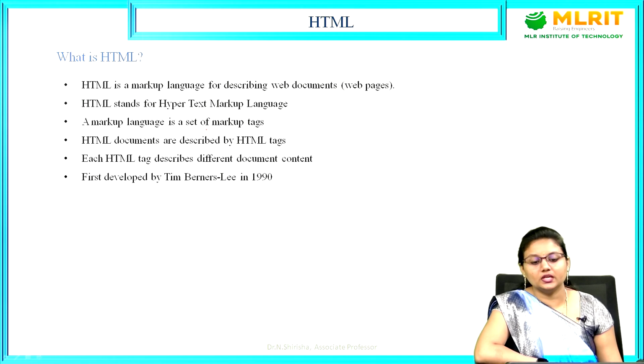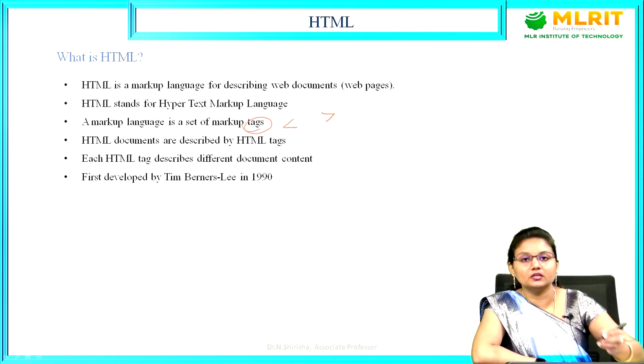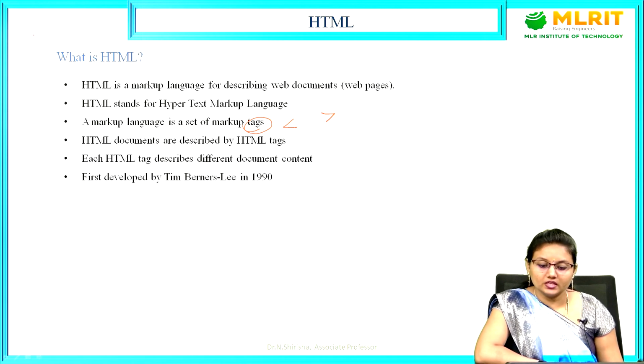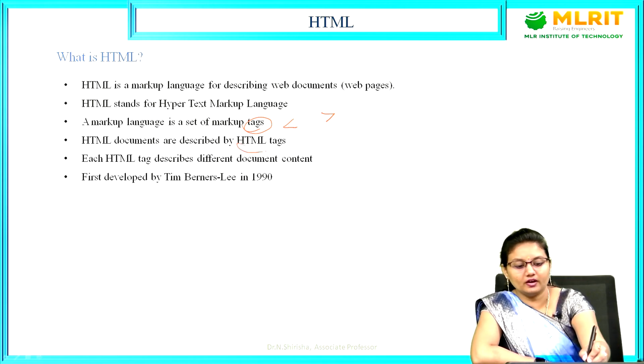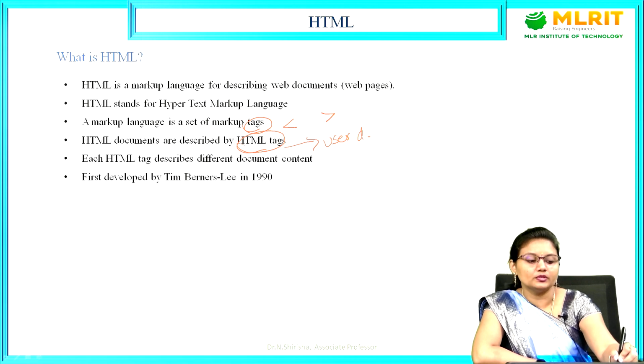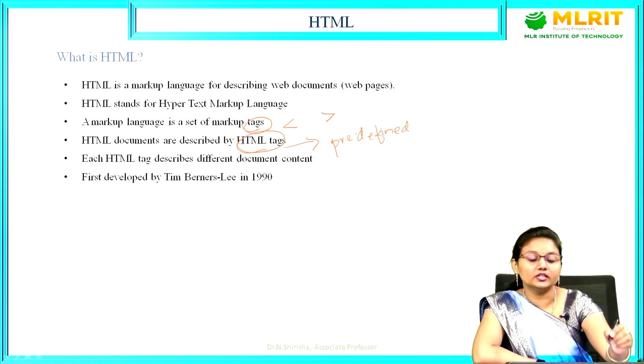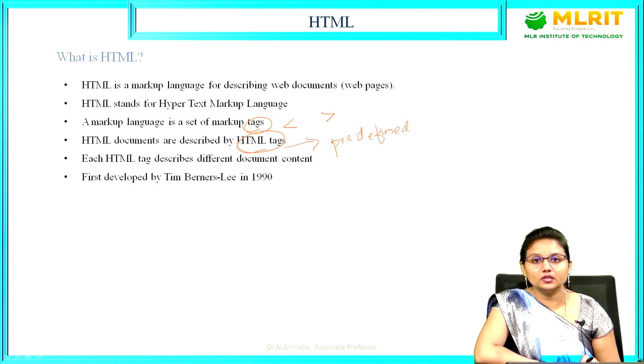A tag is nothing but what you write in between the less than and greater than symbols. Every HTML document will start with an HTML tag, followed by many tags. These HTML tags are predefined, which are already defined, and those are to be used here for programming.